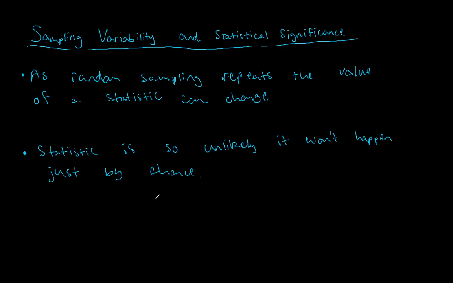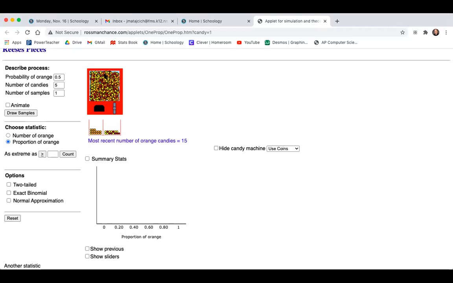So I think the best way to do this is really just look at a visual. Let me go to this little sampling application real quick. All right, so we've got this jar of candy, and you see the process for the Reese's Pieces right here. It looks like the probability of getting an orange candy out of this jar is a 50% chance.